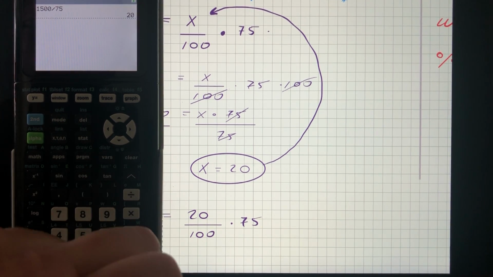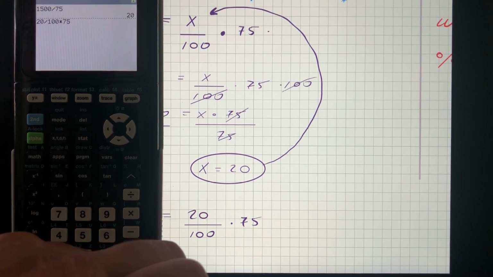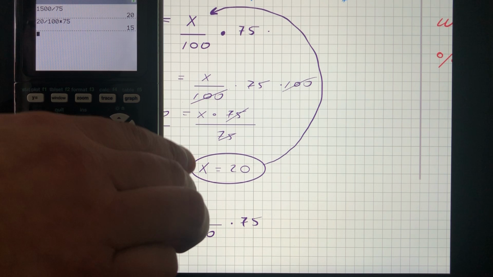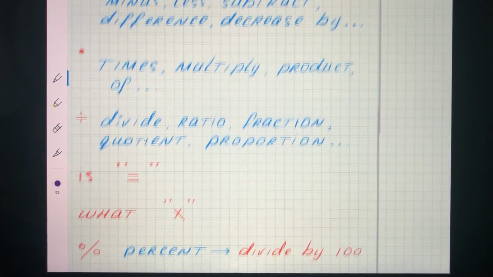Let's do that. 20 divide 100 times 75. We can multiply and divide in any order. So here it is. The answer is 15. So the right side says 15, left side says 15, which means we have found the correct solution to our first word problem.